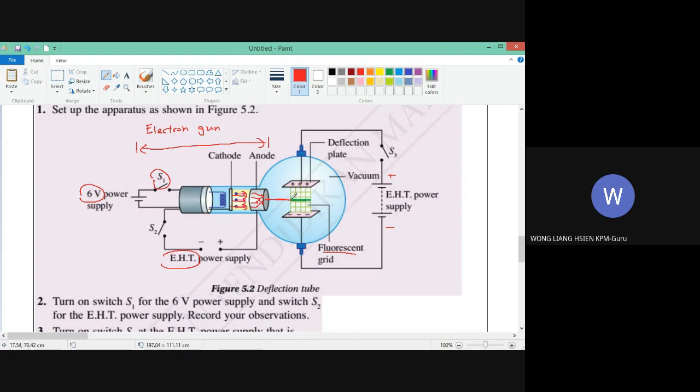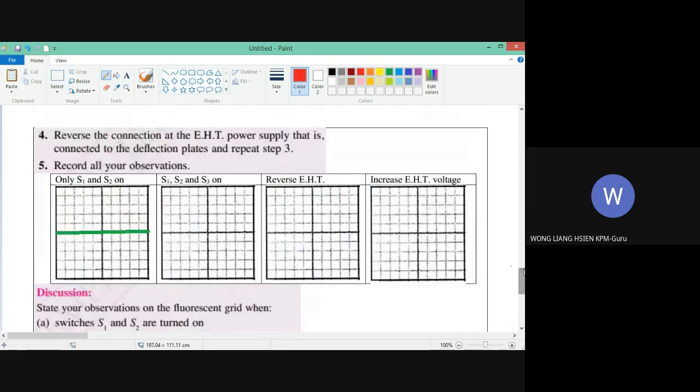So the green line will bend upwards. Okay, we can see that it bends upwards. So when you draw, you draw that it slowly bends upward like that.